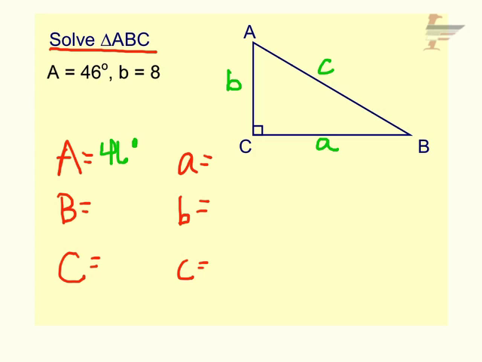You know that A is 46 degrees, B is 8. You also know that C is 90 degrees. So right away, you're able to find all 3 angles when we remember that your 3 angles should add up to 180 degrees. And then you're going to come up with 2 trig equations for A and C. But watch the video on that to see how that's set up.